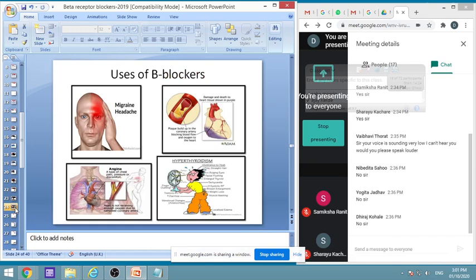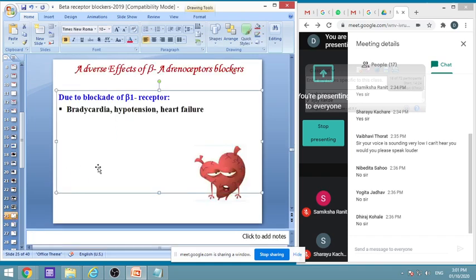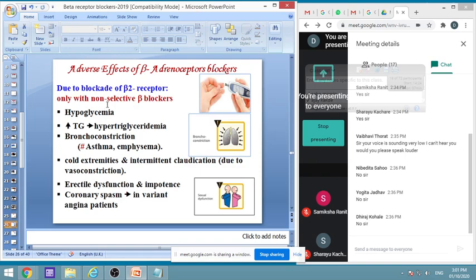So these are the effects in pictorial form. What are the adverse effects? Already we have seen bradycardia, hypotension, and heart failure. Then because of beta 2, it can cause hypoglycemia, increase in triglycerides, and bronchoconstriction. Again, as I told you earlier, this depends on beta 2 selectivity.